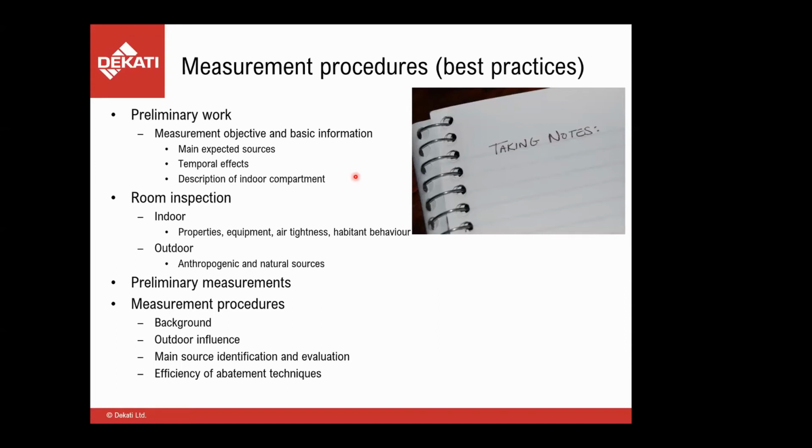Like I personally, due to allergies, have a fairly large air cleaning system in my house. So there would be measurements with that air cleaning system turned off and with it turned on to get an understanding of how efficient the abatement technique is.